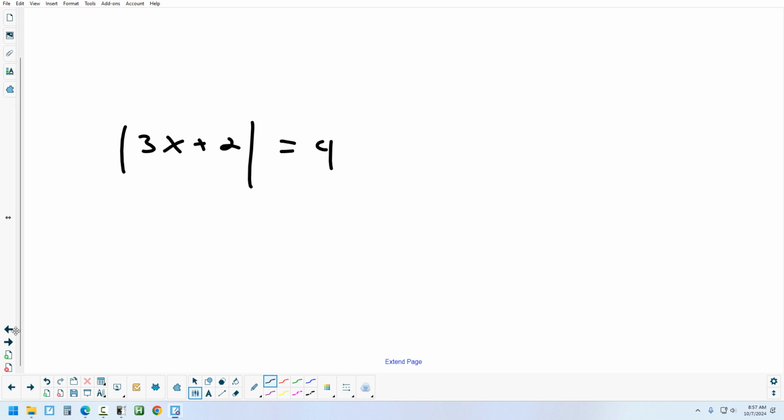And the reason we have to split it into two is because think about something like this. There's two numbers that could end up where I just circled that have an absolute value of 6. What are the two numbers that both have an absolute value of 6?